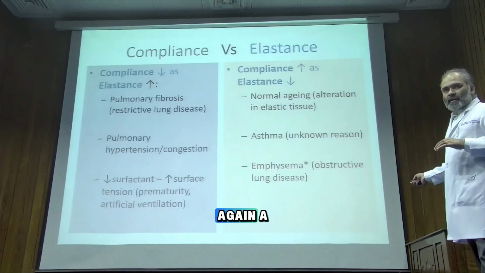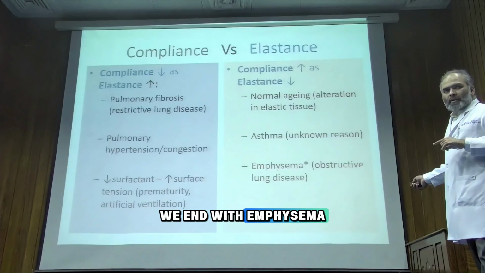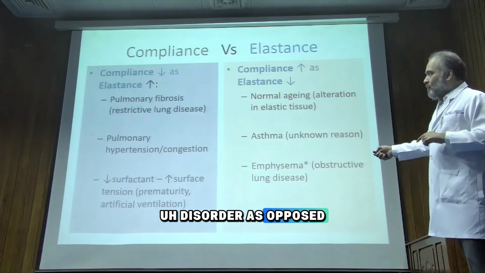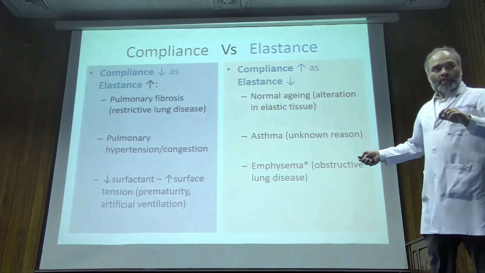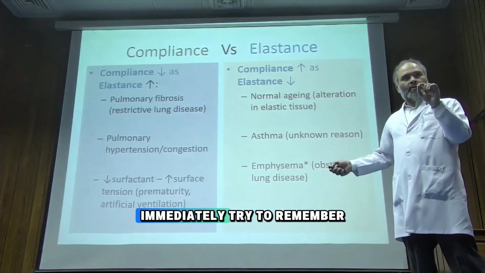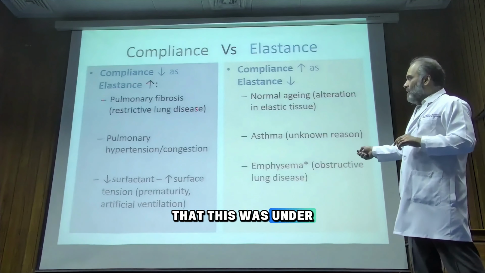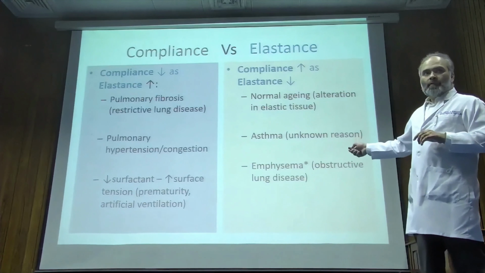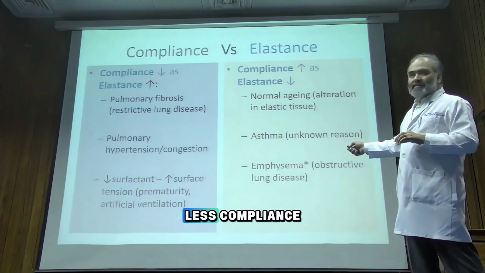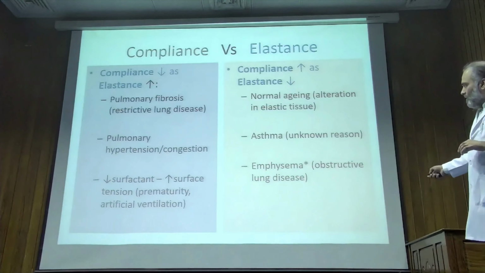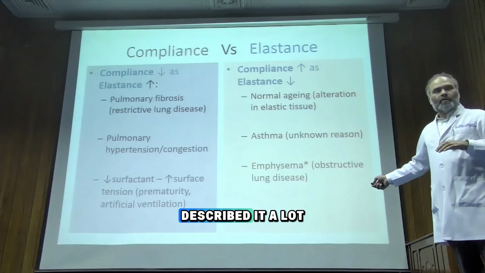Emphysema, we end with emphysema, is an obstructive disorder as opposed to a restrictive disorder. The good students will immediately try to remember that this was under this group of conditions, the ones which had less compliance, more elastance, and this, I think we have described it a lot.